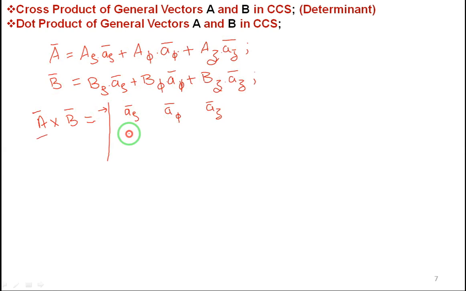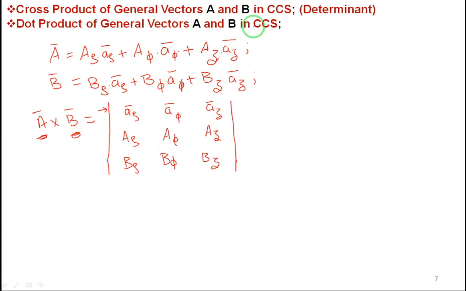Then write down the components of vector a: a rho, a phi, az. Similarly in the third row you write down the components of b vector: b rho, b phi, bz. Don't put a line or else it will be confused. So this is the determinant, how to calculate vector a cross b in cylindrical coordinate system, right?